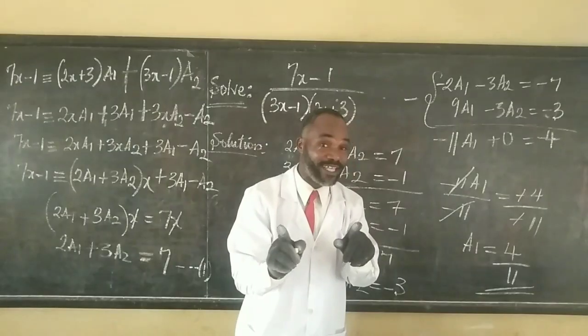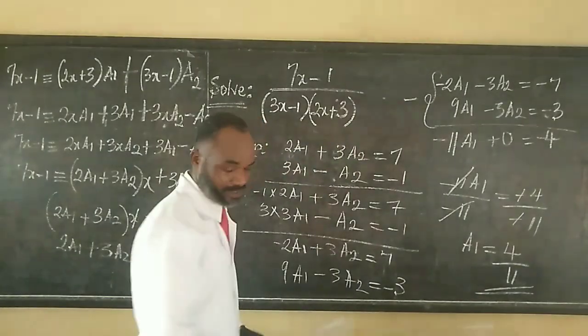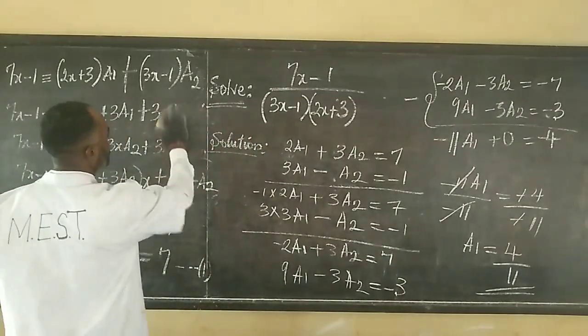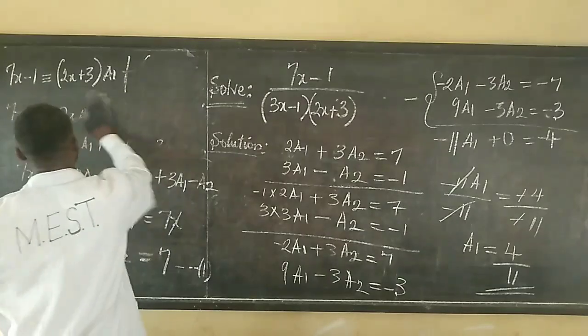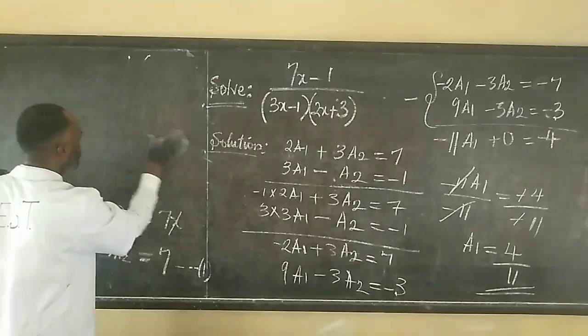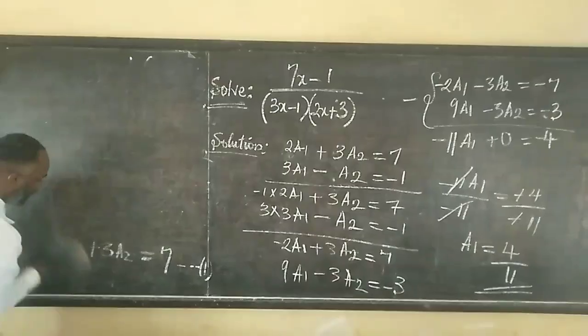We have found the values of A2 and A1 respectively. Alright? The final summary, we are going to summarize smartly. And look at this. The summary is going to be something interesting because that shows we have solved that equation by applying partial fraction method, okay?